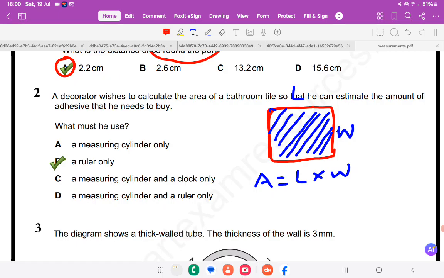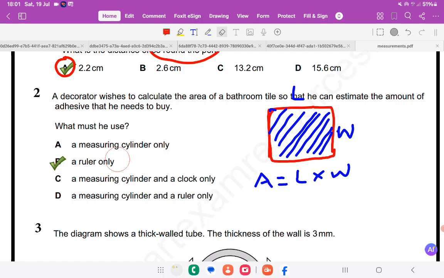So the question is saying, what instrument must he use? Since we're talking about length here, obviously a measuring cylinder cannot be used for that purpose.